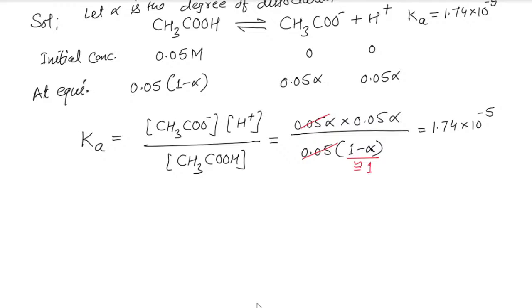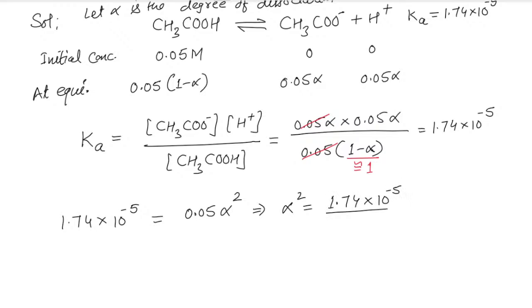So it becomes 1.74 × 10^-5 equals 0.05 into alpha square. So alpha square equals 1.74 × 10^-5 divided by 0.05.